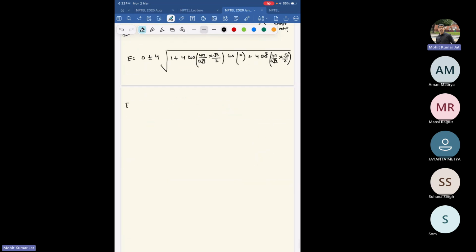If we solve this, what we get is 4 plus minus square root of 1 plus 4 cosine, cos 0 is 1 and root 3 cancels, this is 2 pi by 3, plus 4 cosine square 2 pi by 3.